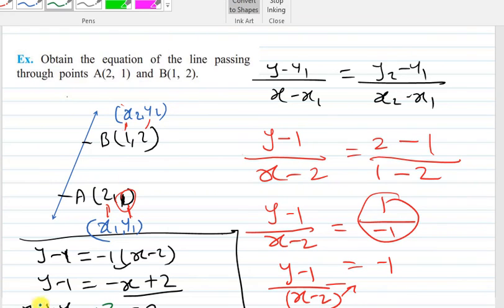This is my equation of the line which is passing through point (2, 1) and point (1, 2). So this is how we are going to use these formulas of line that we are deriving each time in any example. Okay. Next.